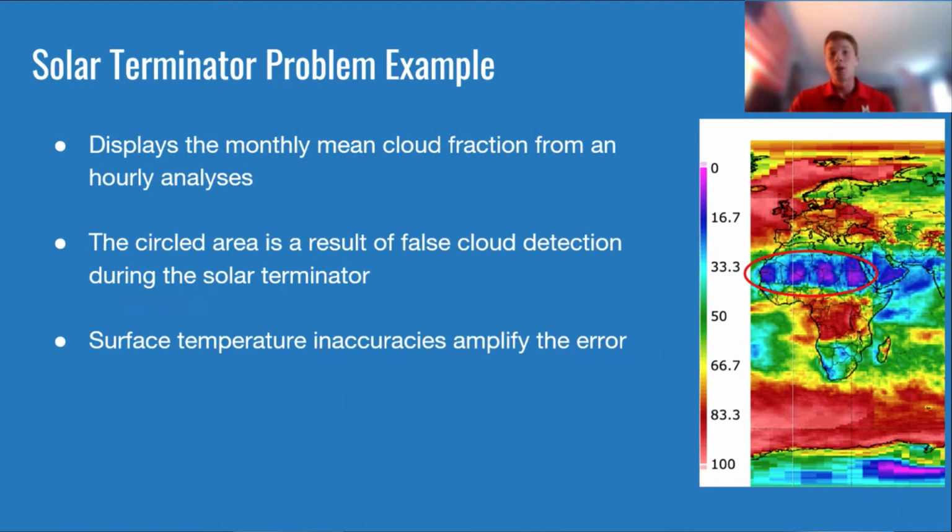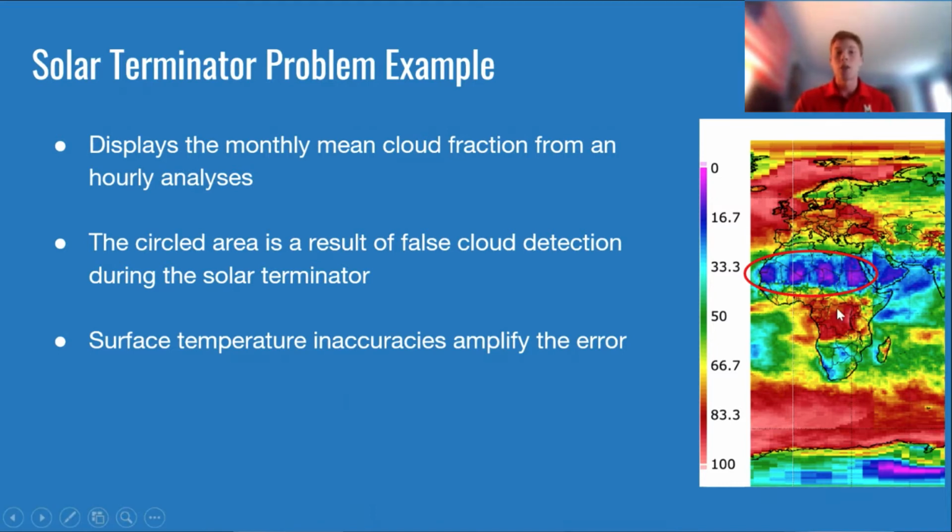So when the terminator is passing through, it brings with it a lot of false cloud detection, and it's easier to see because normally it's clear skies over the Sahara Desert. As you can see in this area, there are these light blue diagonal lines as they cross through the purplish bluish area. This is when the terminator is passing through the Sahara Desert.